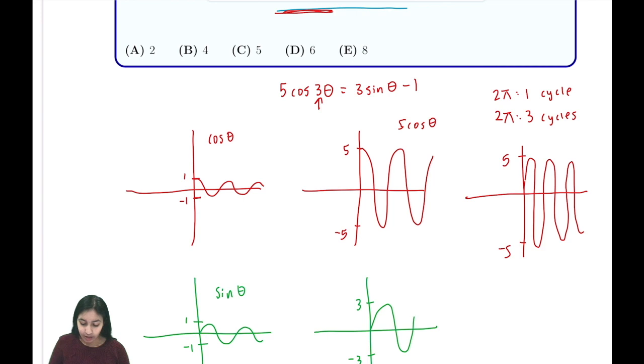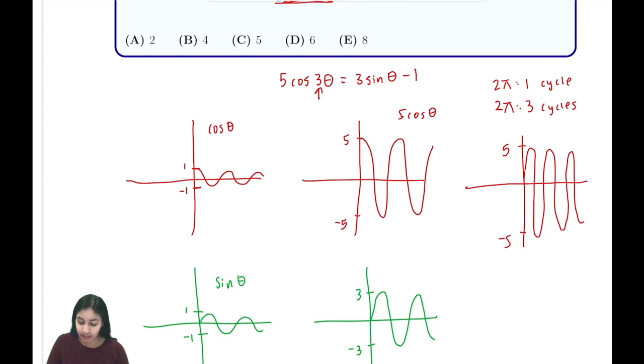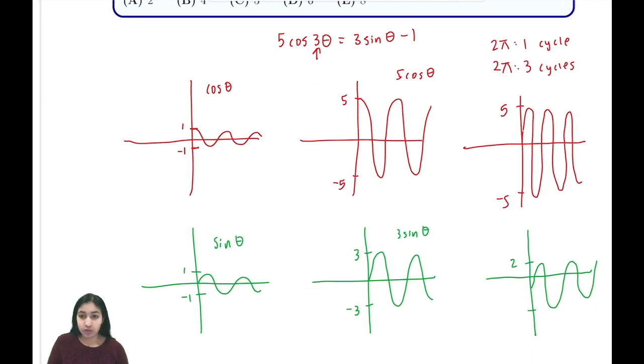So something like that. That was pretty poorly drawn. And then when we have 3 sine theta minus 1, it's just going to shift our graph down by 1. So it's going to look something like this, where our peak is now 3 minus 1, 2, and our lowest point is -3 minus 1, which is -4.